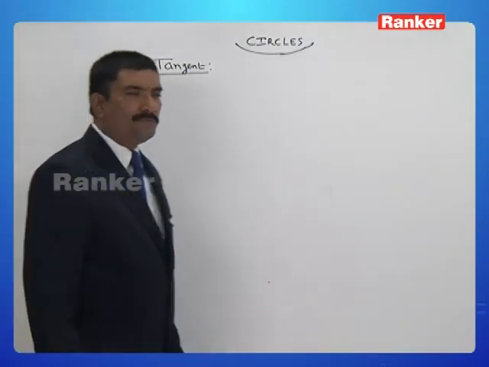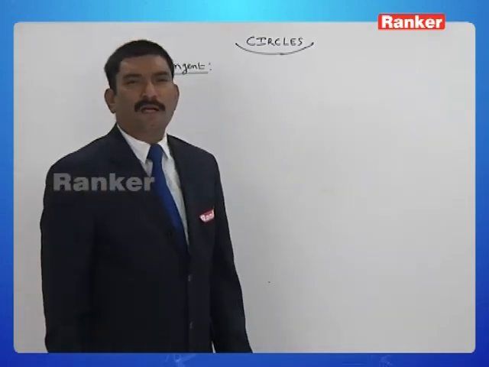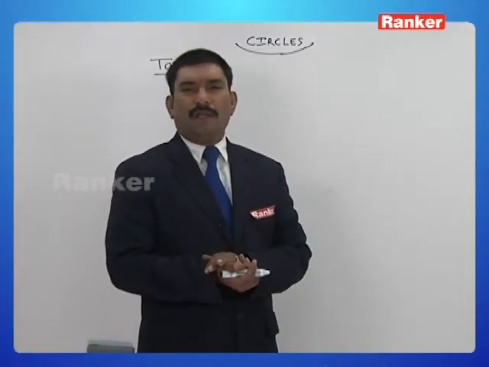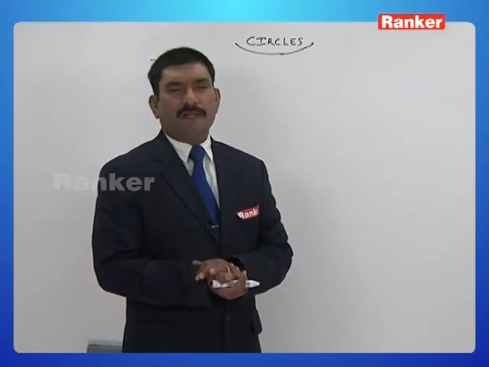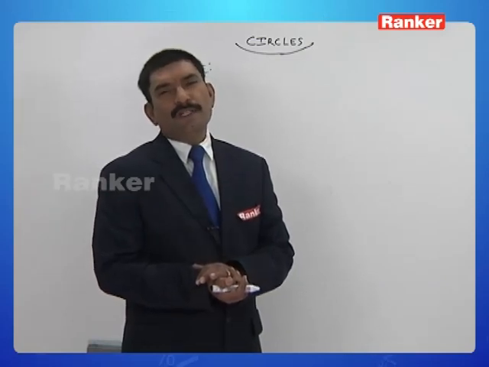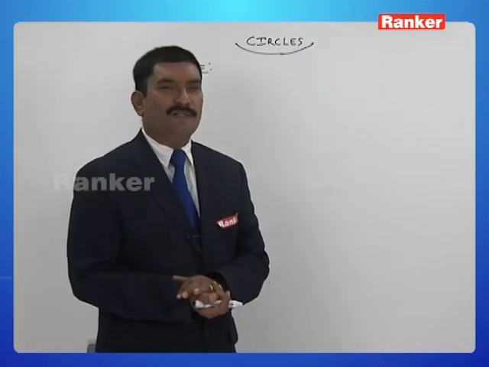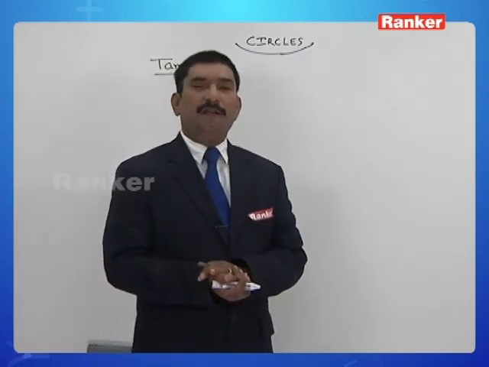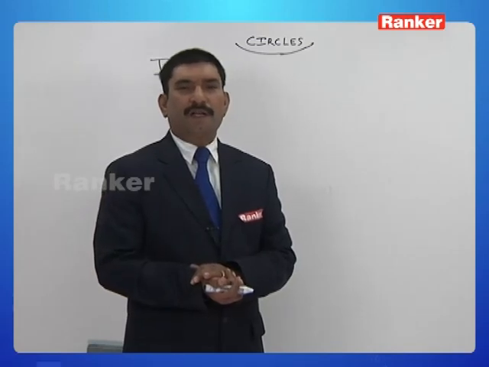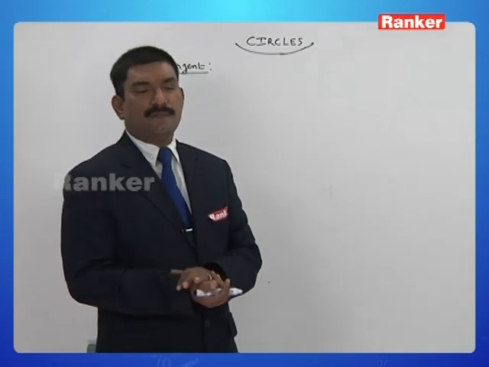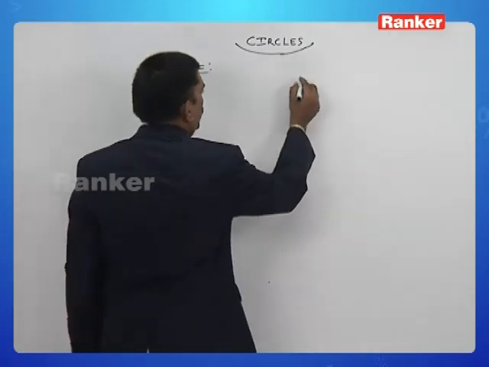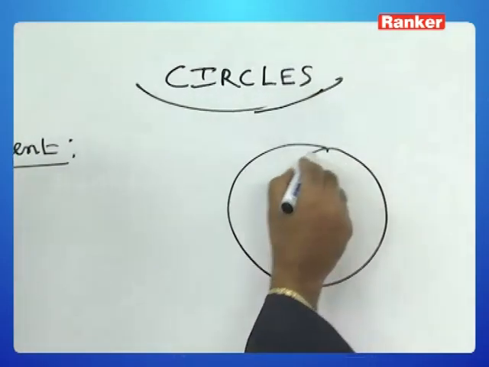Any line that meets a circle in two coincident points, that line is nothing but a tangent. I mean, any line touching the circle at only one point, we call it a tangent. So therefore, now we can represent it like this.